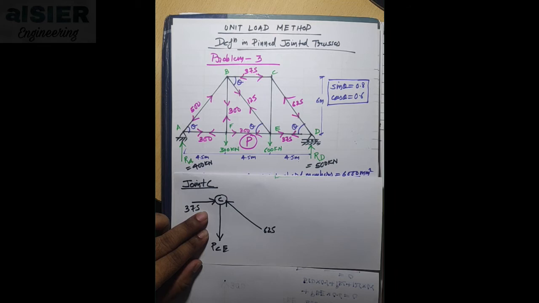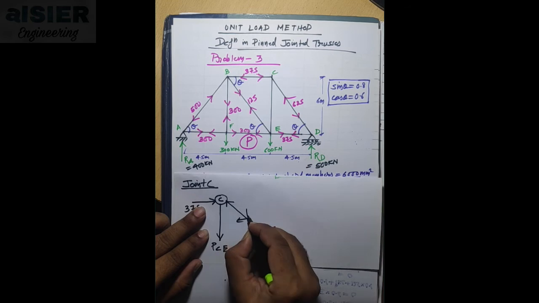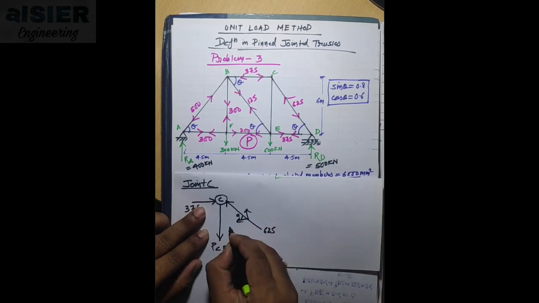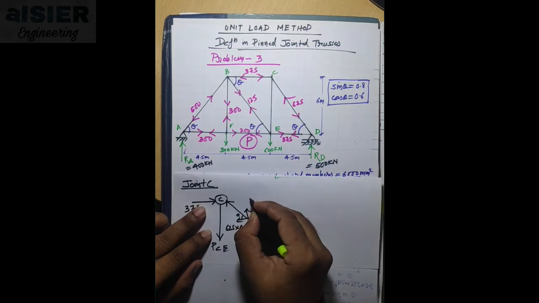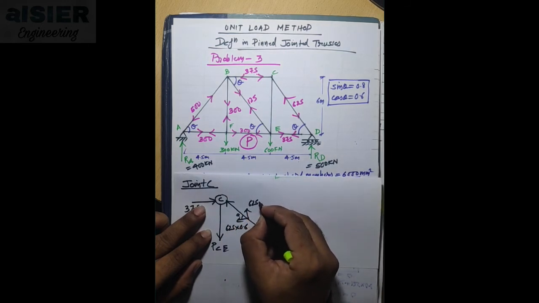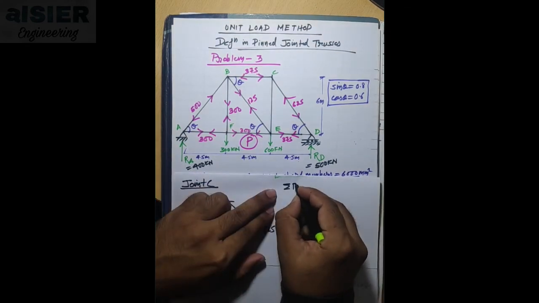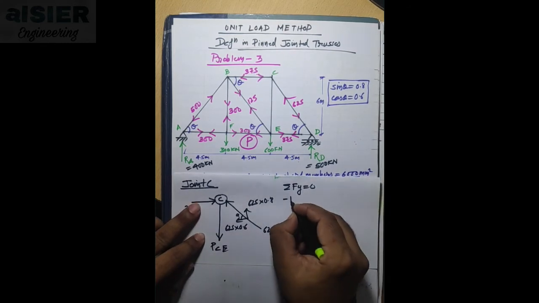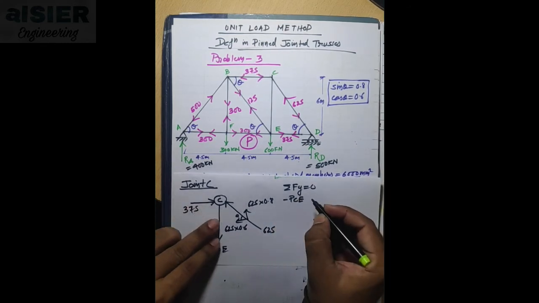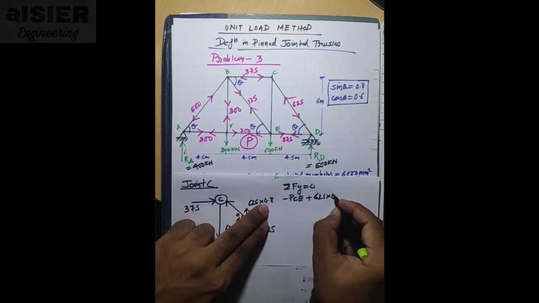Now there will be two components of this. This angle is theta, and therefore this is 625 into cos theta. Cos theta is 0.6, and this is 625 sin theta, and sin theta is 0.8. So we will do summation of Fy equals 0. PCE is going downwards, so minus PCE, and 625 into 0.8 is going upwards, so plus 625 into 0.8 equals 0.